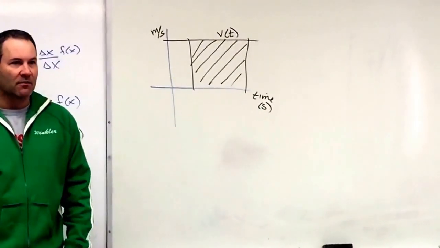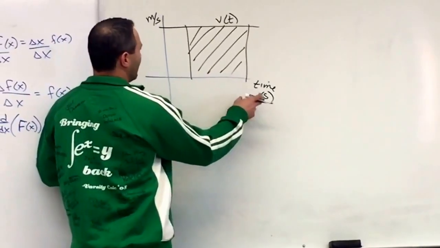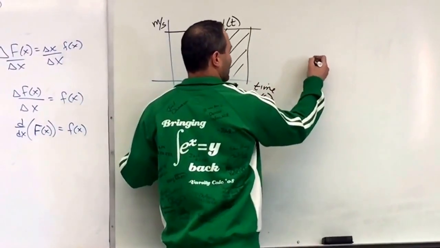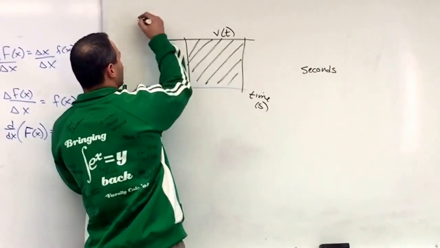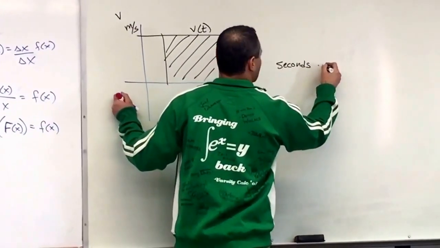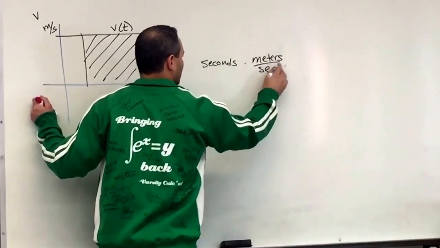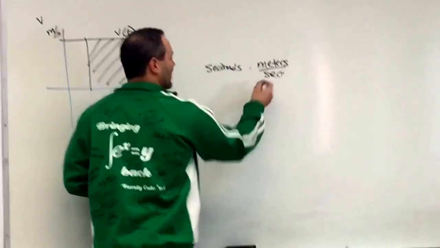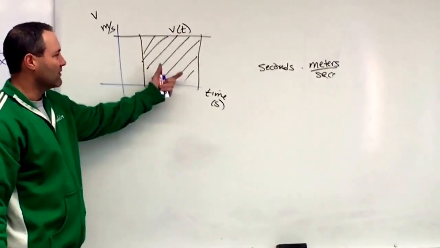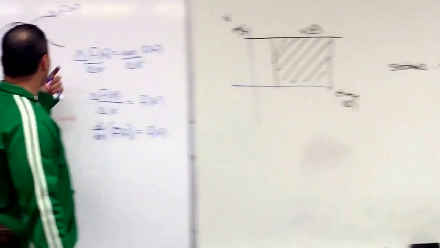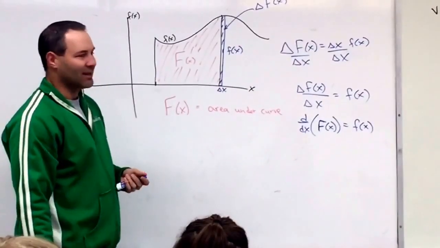If you multiply the time in seconds times the velocity in meters per second, the seconds cross off and you just get meters. So the area underneath the velocity curve gives you the distance. Area underneath any curve is going to give you the antiderivative, or the integral.